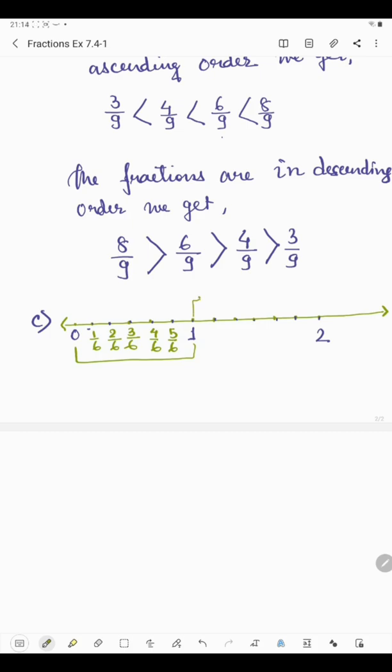Now 1 means 6 by 6. After 6 parts will be 1. So when you divide by 6, you will get 1. After 6 by 6, then 7 by 6, then 8 by 6, 9 by 6, 10 by 6, 11 by 6, 2 means 12 by 6.